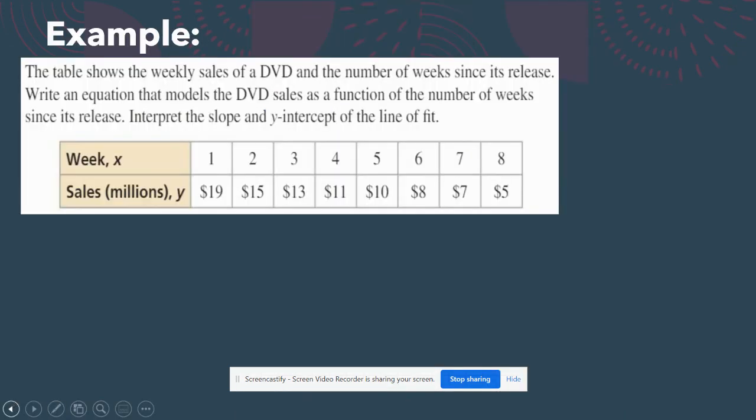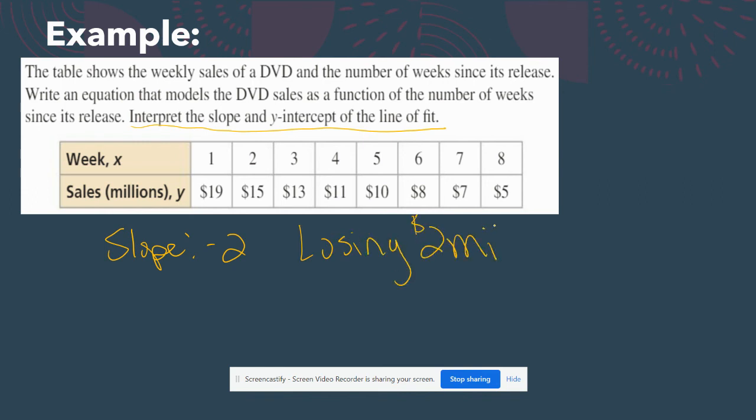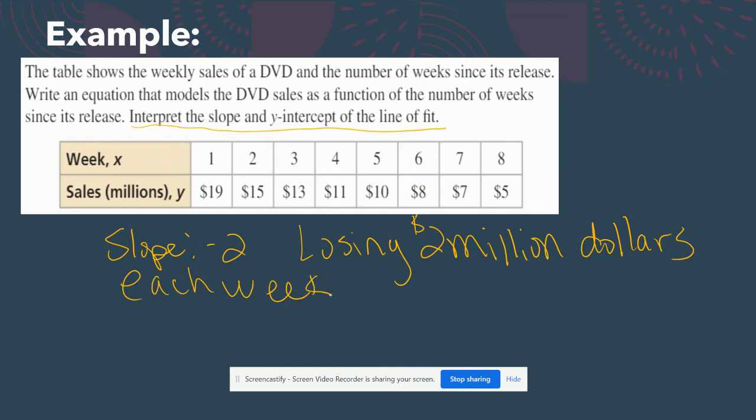So if I go back here, it also says to interpret the slope and the y-intercept of the line of fit. So our slope is -2. That means we are losing $2 million each week after the release, or the amount of sales decreases by $2 million.